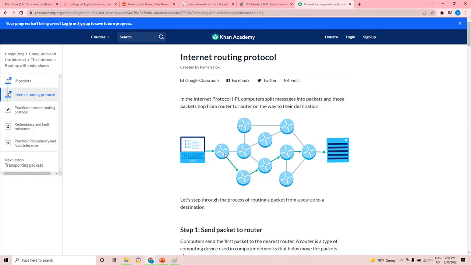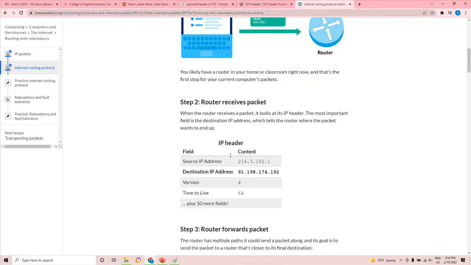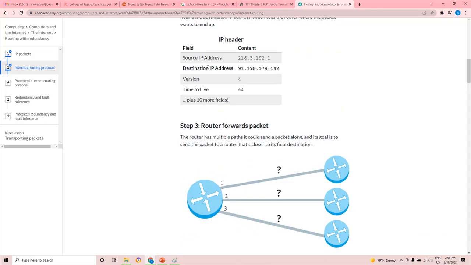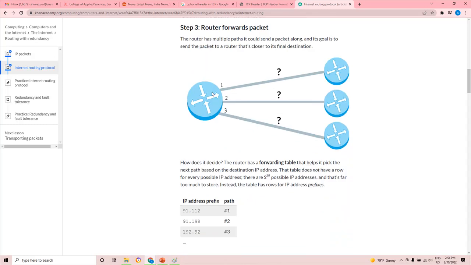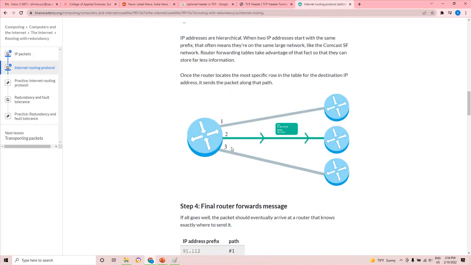When you have multiple options, you have to settle with one solution, right? The best solution. The routers will use the source IP and destination IP. Now the question for this router is, you have many options, which option to select? So they use the routing protocol and decide which is the best path.